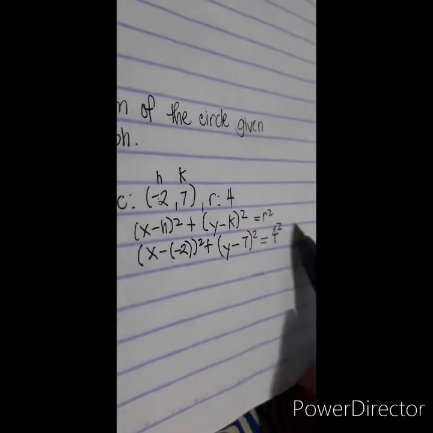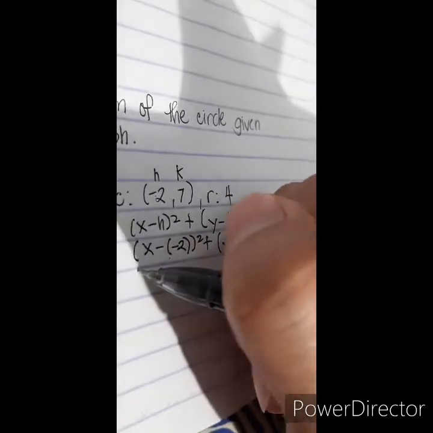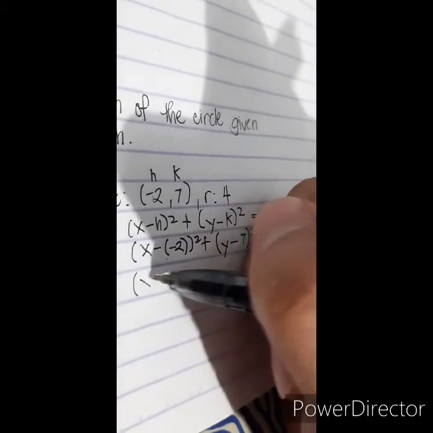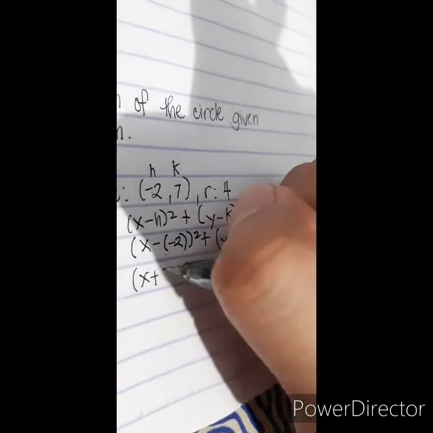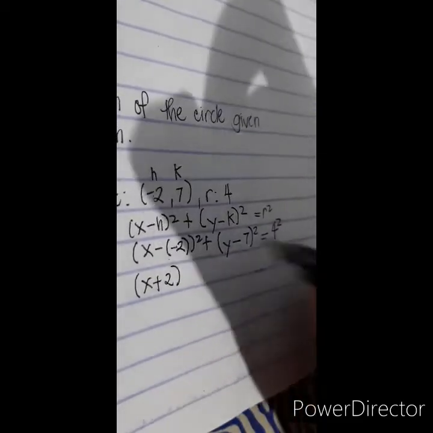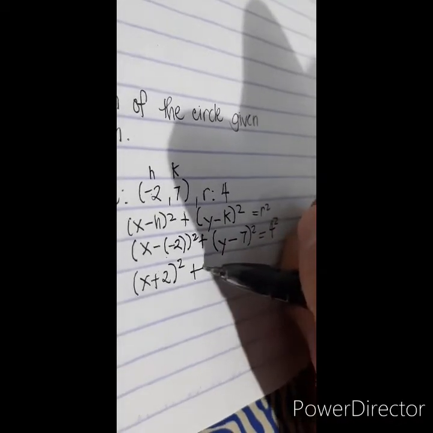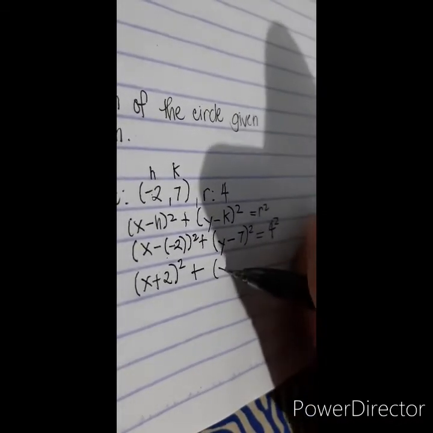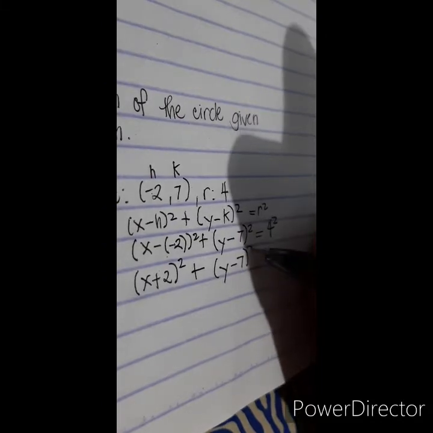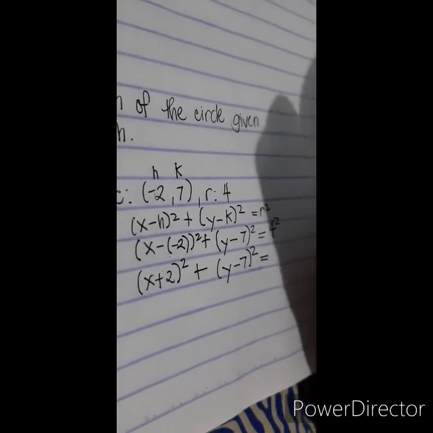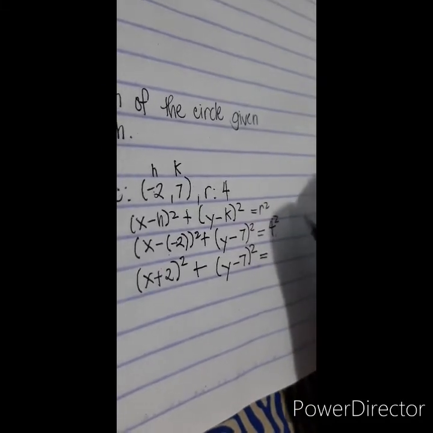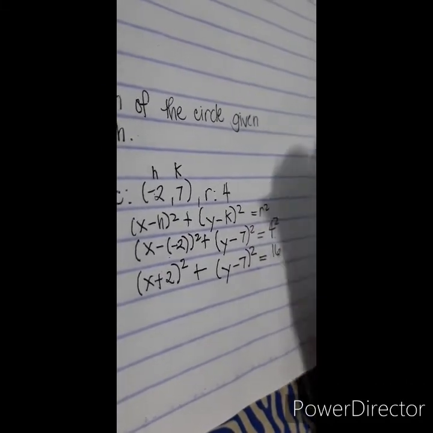So we have to simplify this equation from left to right. So we have x, negative times negative, here we have positive 2 squared plus y minus 7 squared is equal to 4 raised to 2. We have 4 times 4. So this is 16.